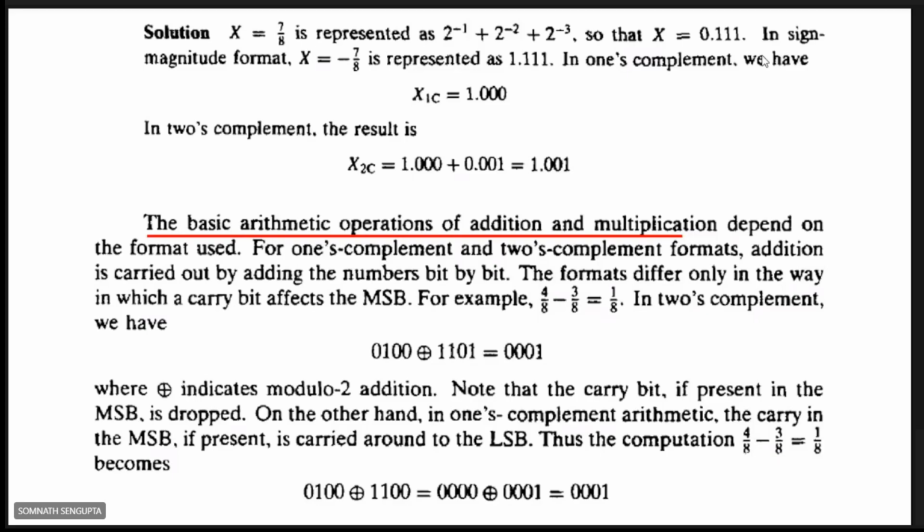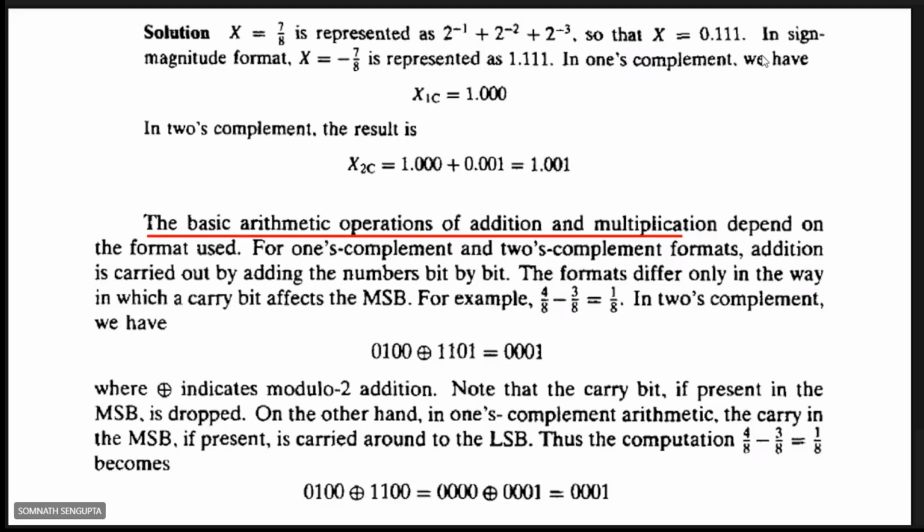Then in place of 0, you just write 1. So in sign magnitude, it is 1.111. 0 represents positive for all cases.